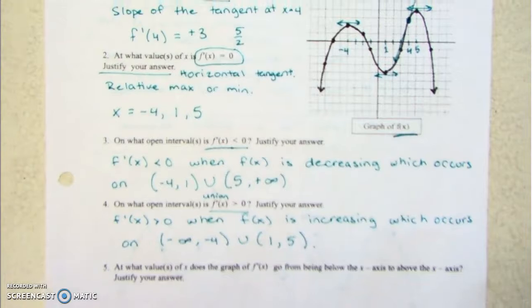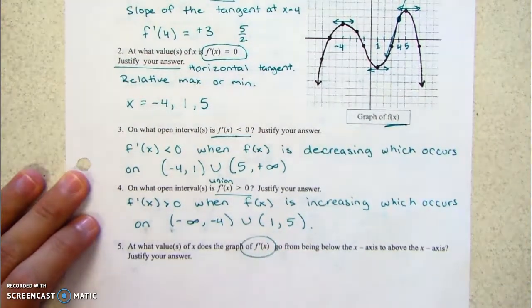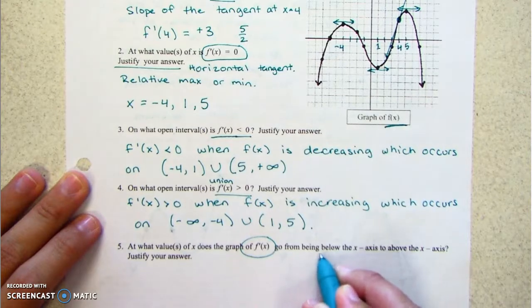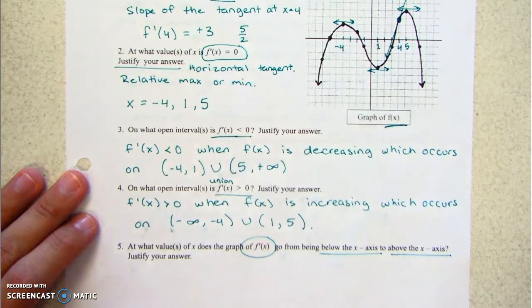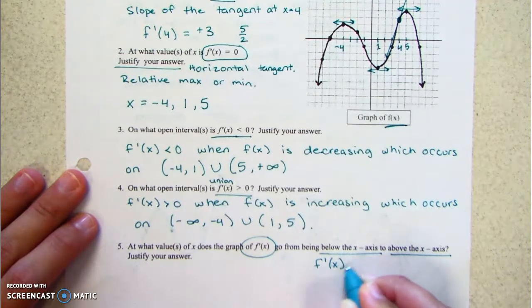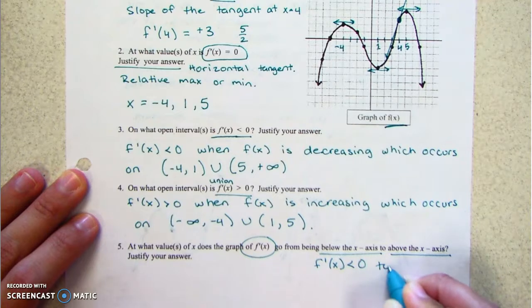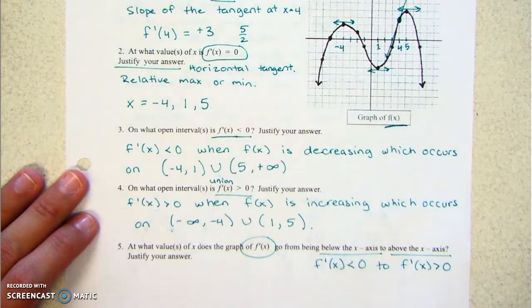All right, at what values of x does the graph of f prime go from being below the x-axis to above the x-axis? So that's if f prime is less than 0 to f prime is greater than 0.